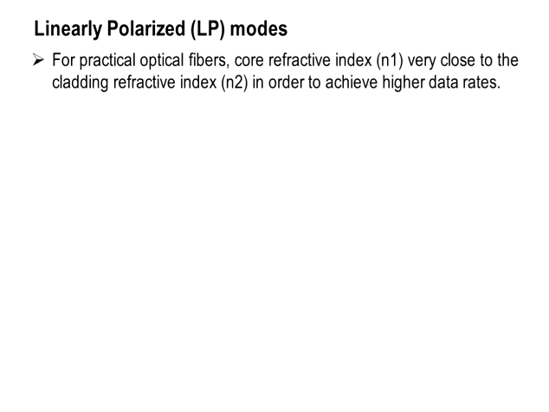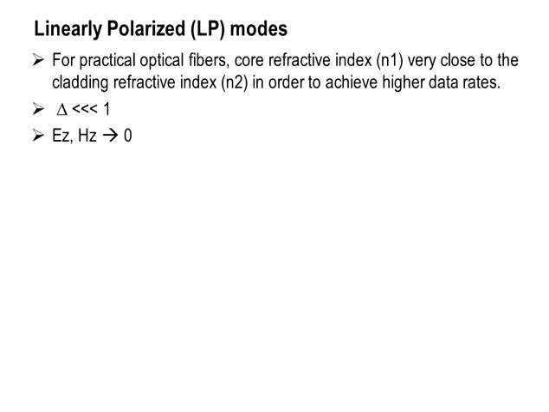Now, if we consider practical fibers, the core refractive index, that is n1, is very close to the cladding refractive index, so that we can achieve higher data rates. Now, when n1 is almost equal to n2, we can define the relative refractive index difference delta as very small compared to 1.